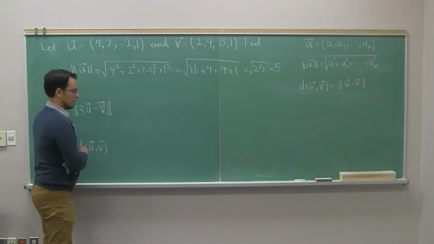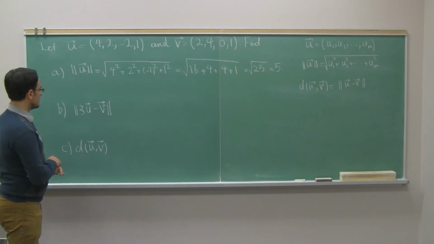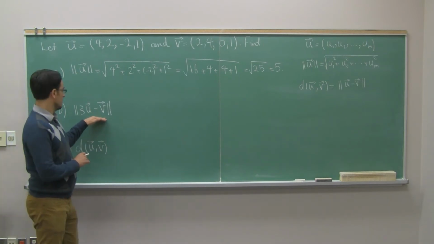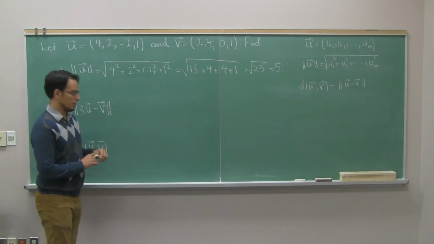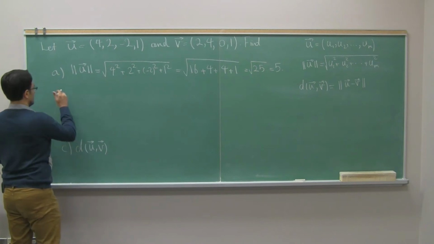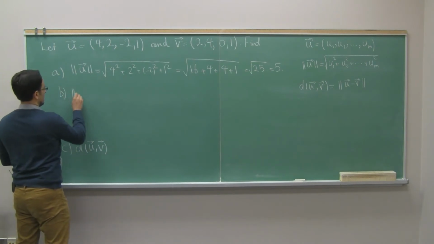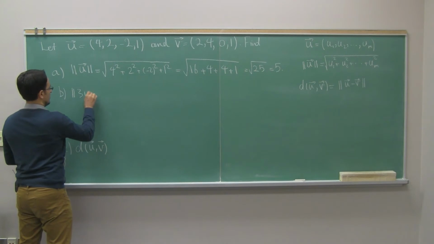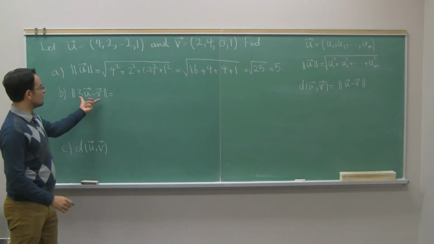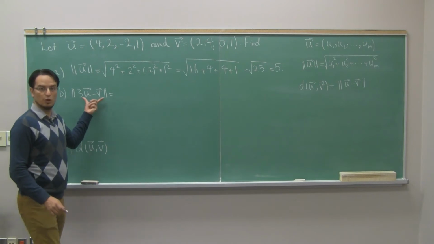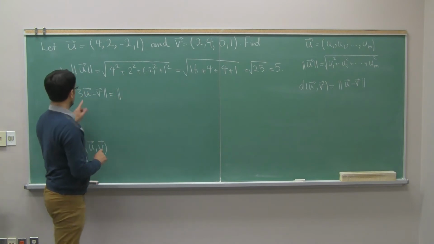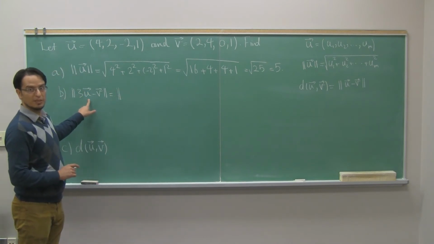Okay, what about part B? Part B asks what is the length of this vector 3u minus v. Let me write this a bit higher because I need the space. B is find the length of 3u minus v. First, I have to find what is this vector inside the length notation. So I have to do scalar multiplication, 3 times u.